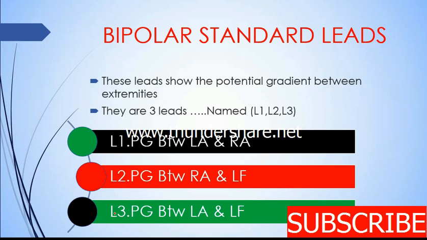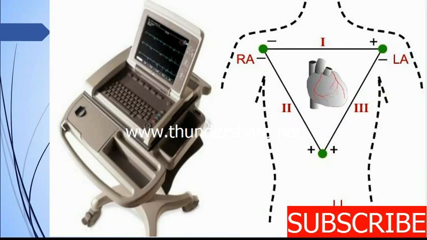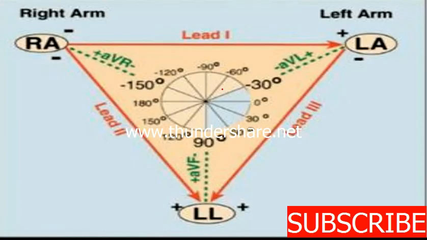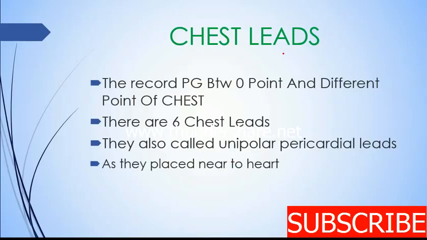You can follow the previous video, and also if you have any suggestion or question, you can put it in the comments, and I will be responsible for these things. And then we came to the other part, unipolar leads. As I told you, they consist of 1 positive electrode. Then we came to chest leads.